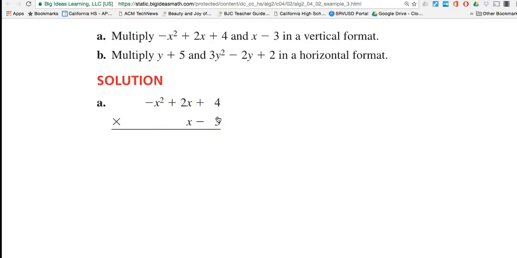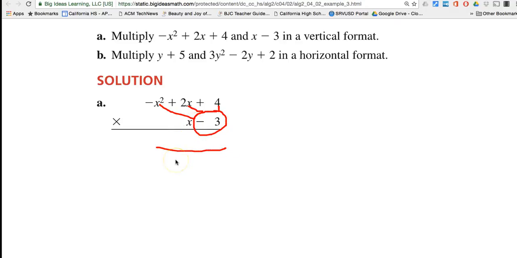Now, what we're going to do is start out with our first term here, and we're just going to take that and multiply it by each term and write that down right here.